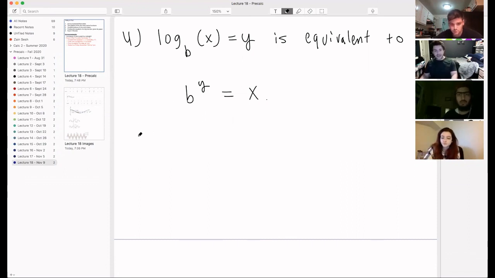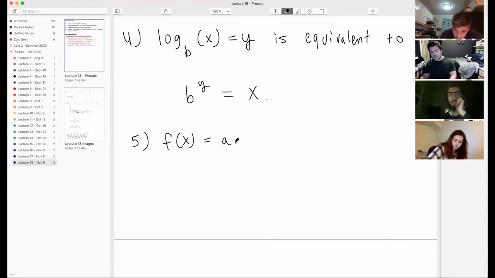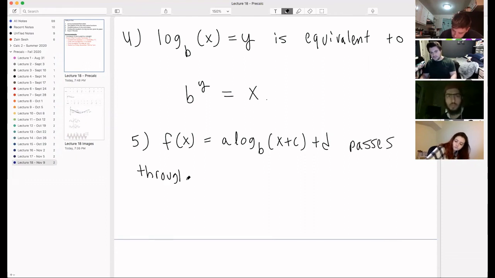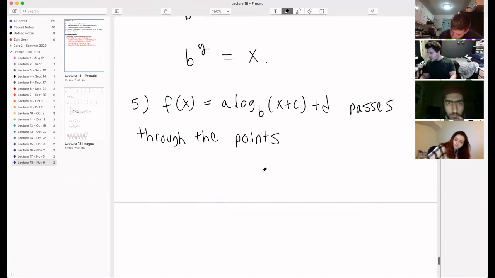All right, next. How about transformations of the logarithmic function? So f of x is equal to a times log base b of (x plus c) plus d. This will pass through the points (1 minus c, d) and (b minus c, a plus d).